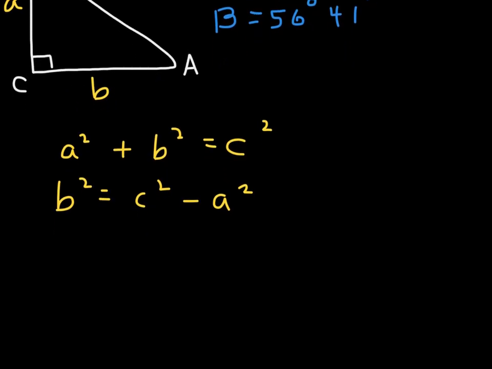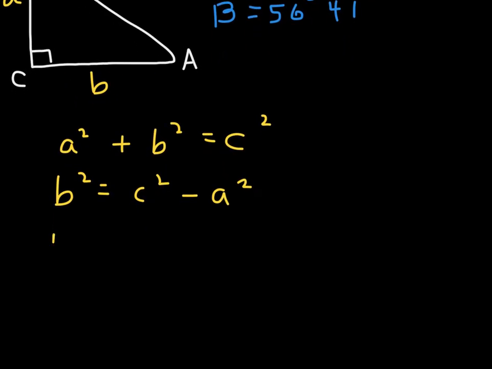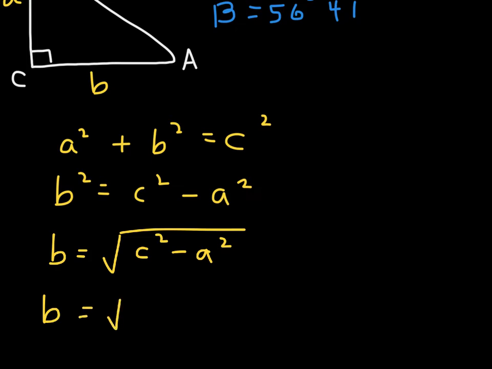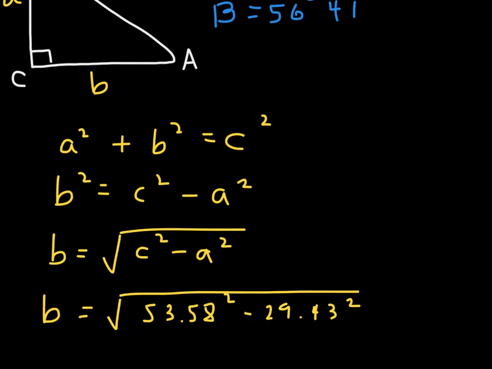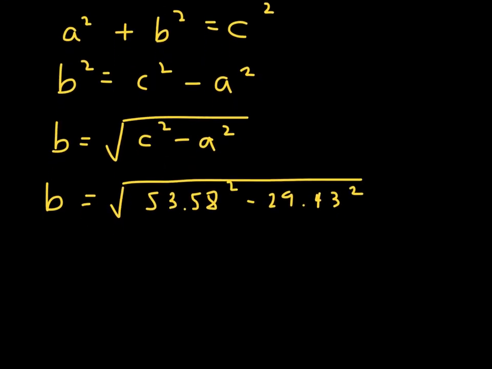So here we have that b is equal to the square root of c squared minus a squared. That is to say, b is equal to the square root of 53.58 centimeters squared minus 29.43 centimeters squared. Now remember that we have 4 significant digits here, so that's what we're going to round to.